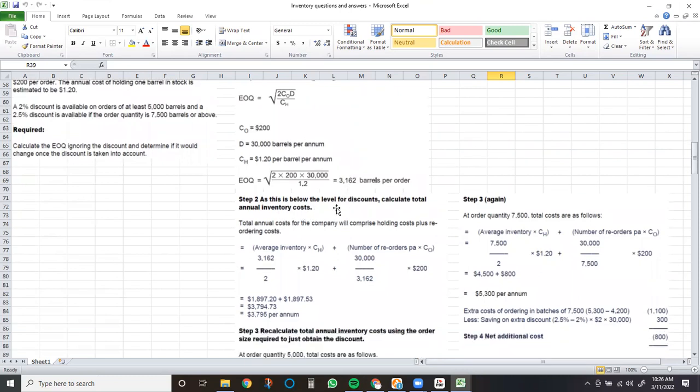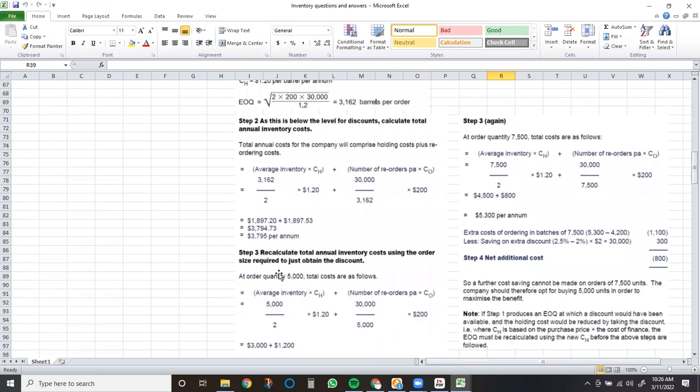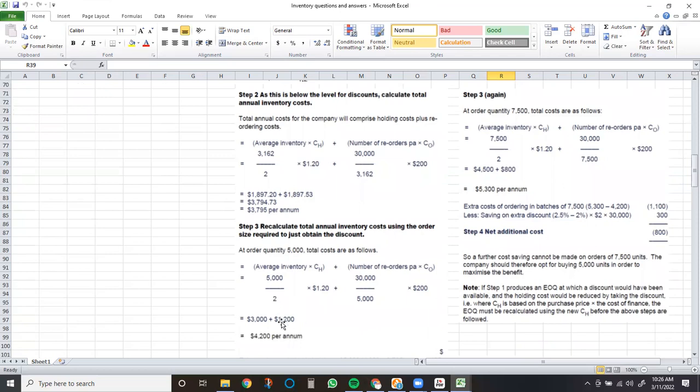Step 2, as this is below the level for discounts, calculate the annual inventory cost. That's $37.95. Then step 3, we calculate total inventory cost using the order size to get the discount. And 5,000, total cost, given 4,200.